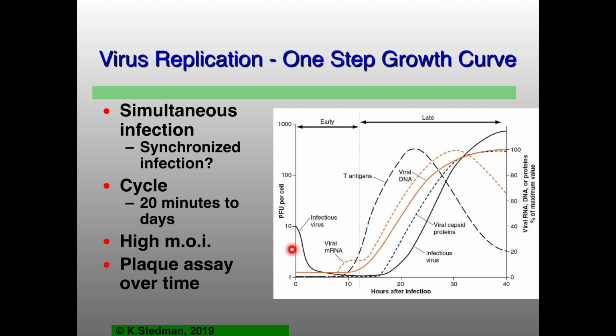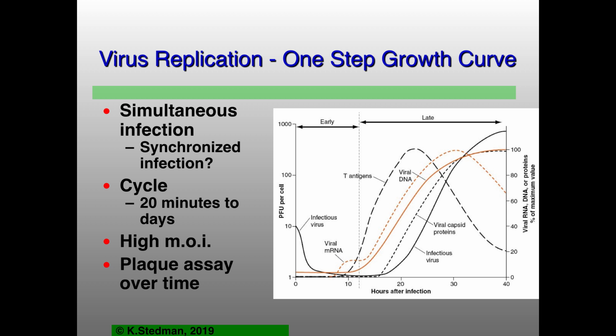And all of these things are starting to be made before you actually start to make these infectious virus particles. So the one-step growth curve, first starting out, again, looking at infectious virus, that'll give you an idea what the time frame is that you need to do to look at all the interesting molecular stuff which is going to happen before you actually start to see virus particles.